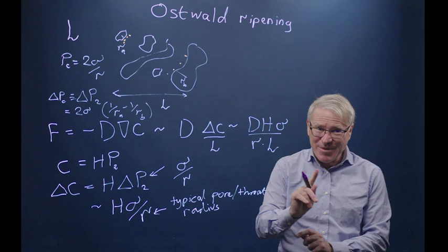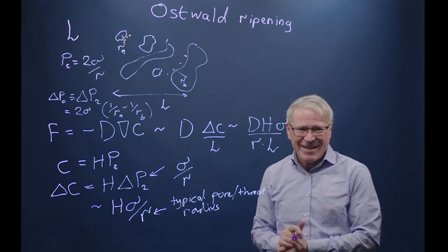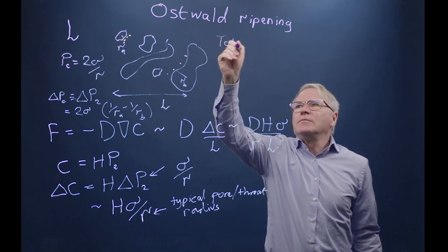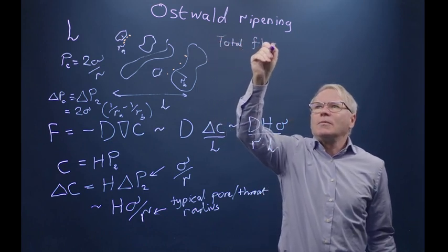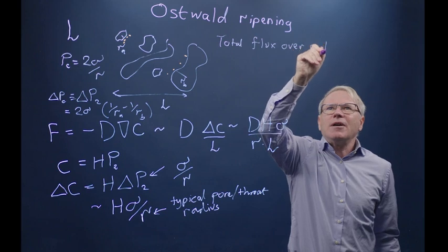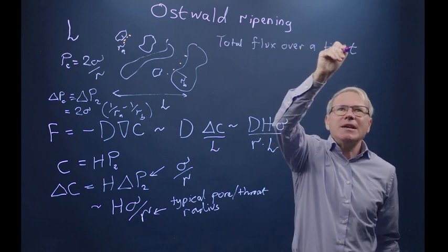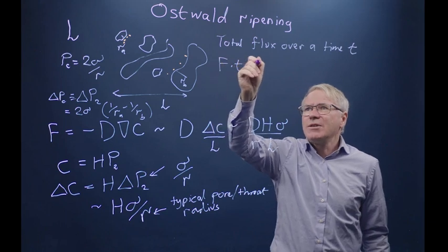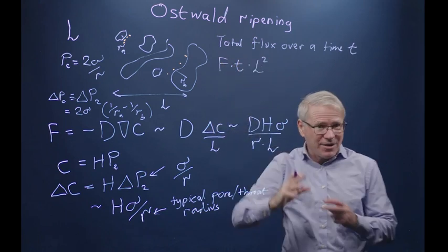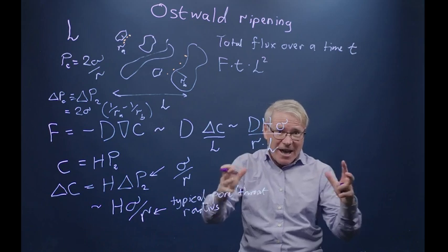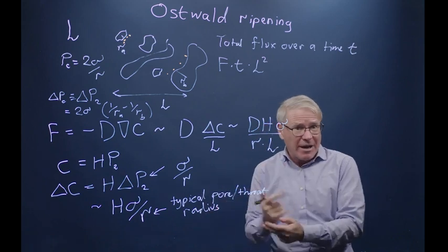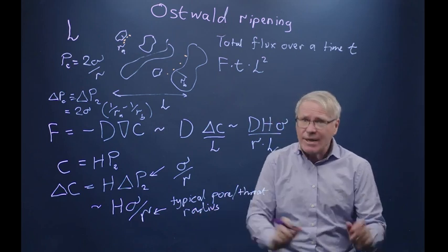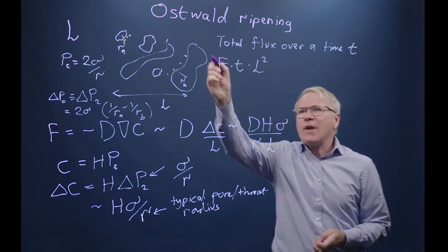That's why we need to do cubic meters for C. So the total flux over a time t is going to be F times t times area. And of course, the length, we're going to assume a cube of length L. So that's typical distance is L, typical area is L squared, and we're getting to it, typical volume will be L cubed. It's just scaling.